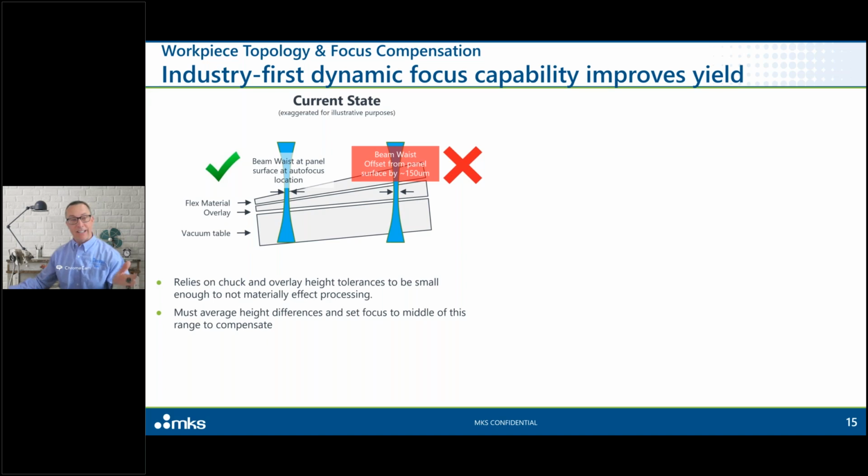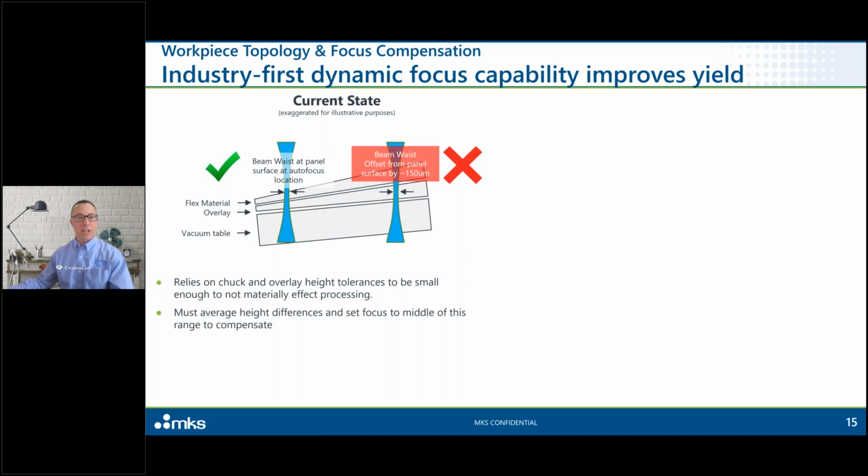It's obviously an exaggerated view, but it can show what can happen when the focus point of a beam doesn't properly account for the height variations across a panel. And I should say a panel overlay or chuck, or in this case, it's labeled as vacuum table, but we use those interchangeably.